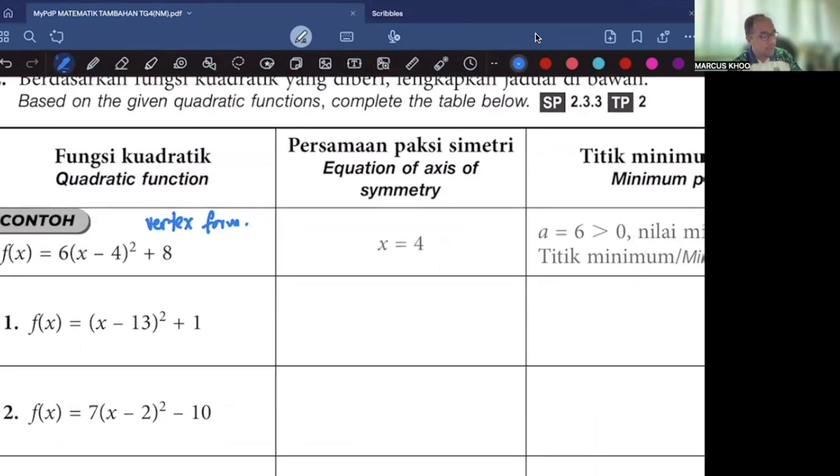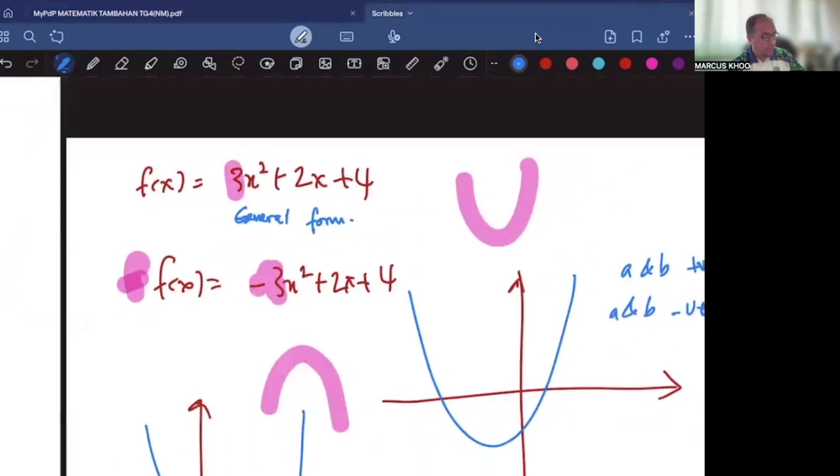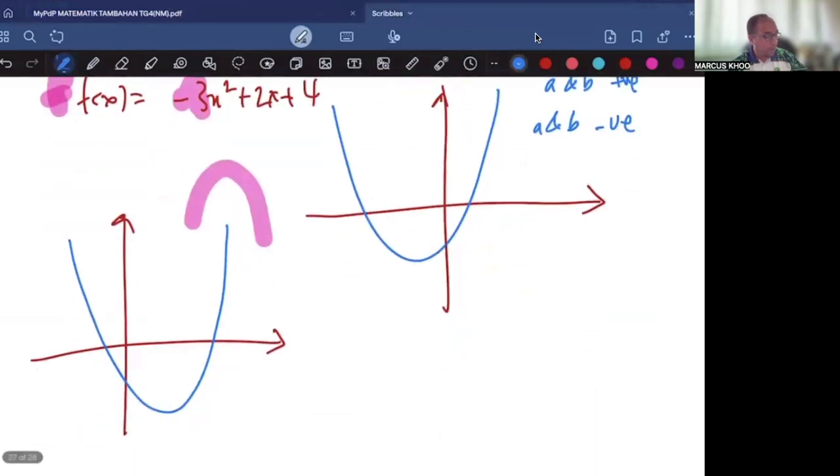Now the axis of symmetry is, let's say this is your graph. The axis of symmetry is a line right down the center of the graph that splits the graph into left and right equally. You know, kind of like a mirror image. So a line down the center that creates a mirror image is called the axis of symmetry.